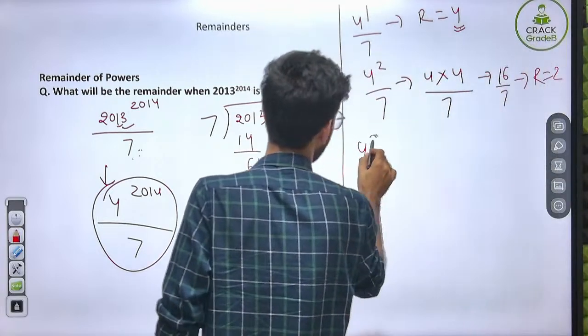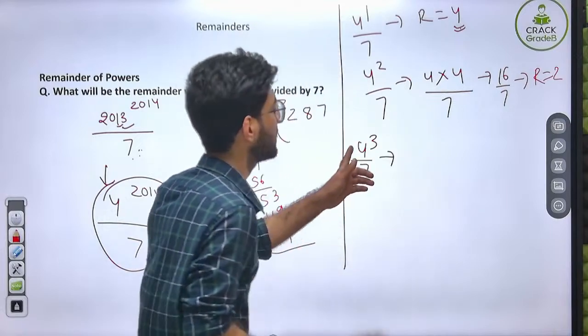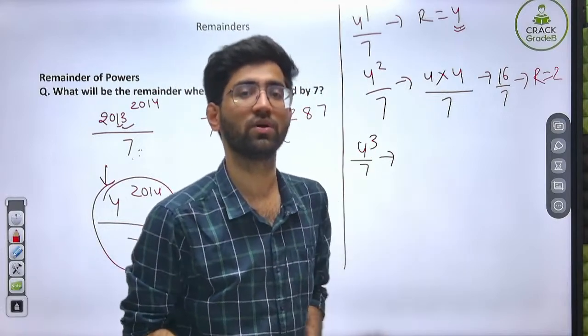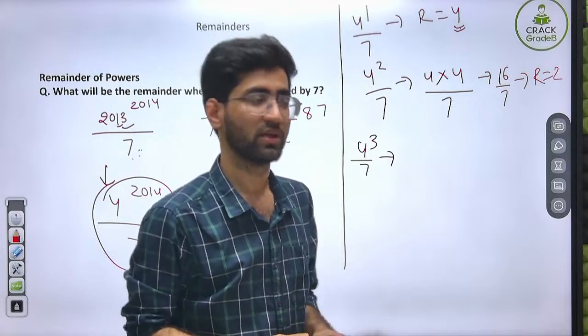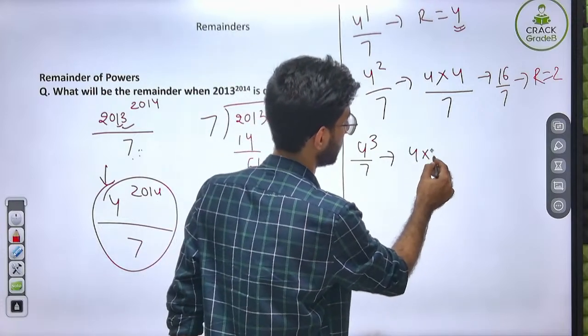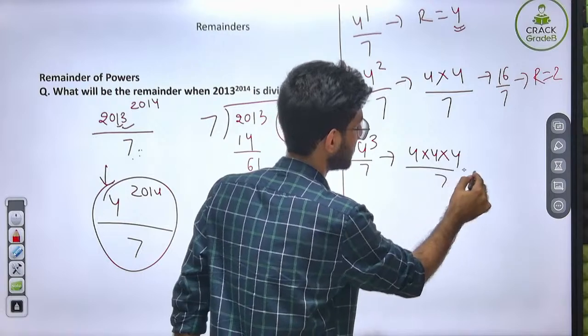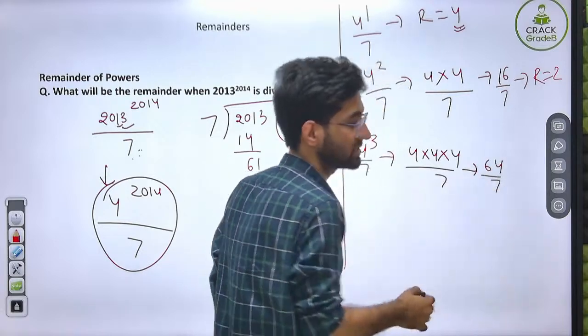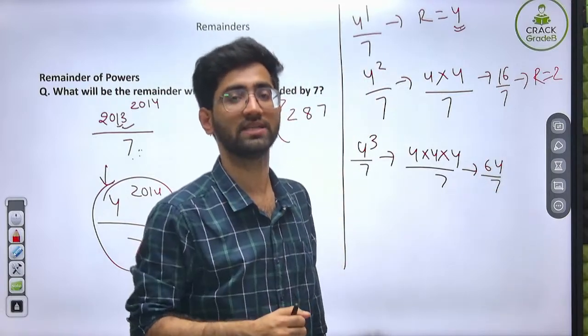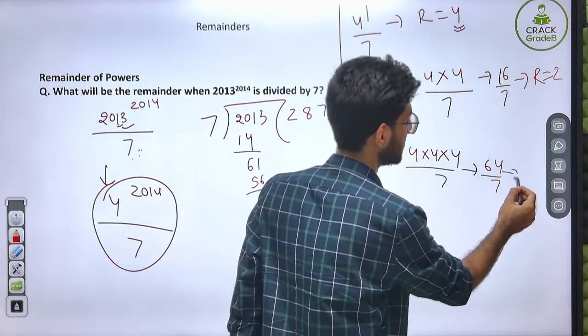Now 4 to the power 3 by 7: 4 into 4 into 4 is 64, and if you divide 64 by 7, 7 into 9 is 63, means remainder is equal to 1.